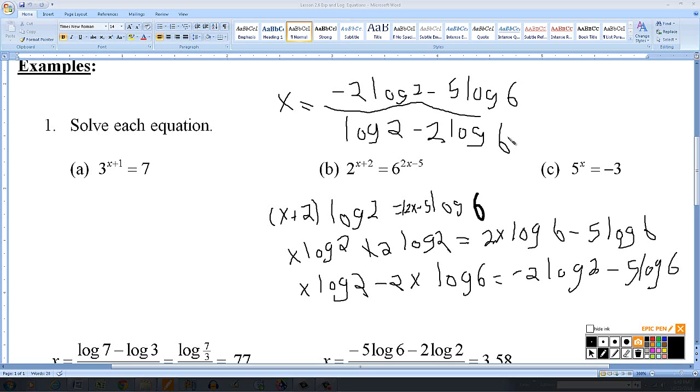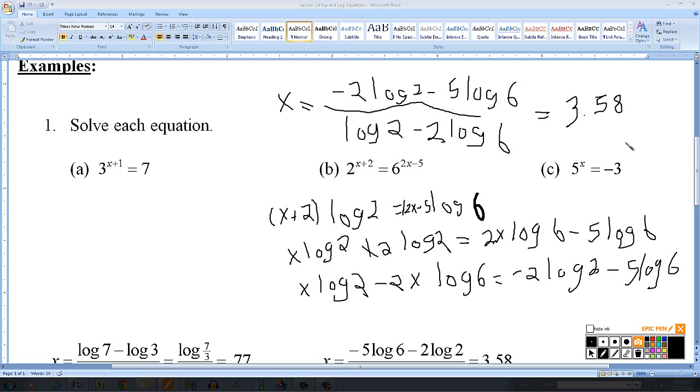That's the exact answer. If you go ahead and use your calculator and simplify that to 2 places, that comes out to 3.58. Okay, that's what you get for that one, 3.58.